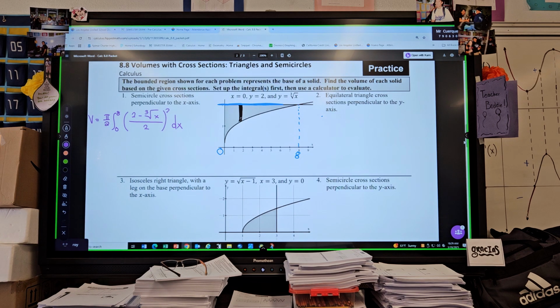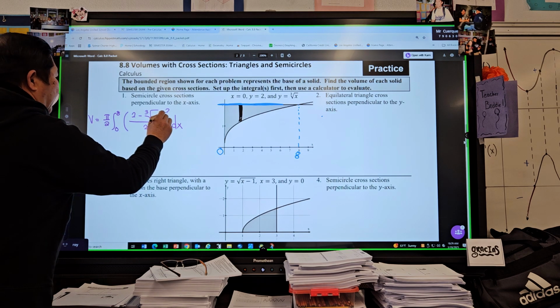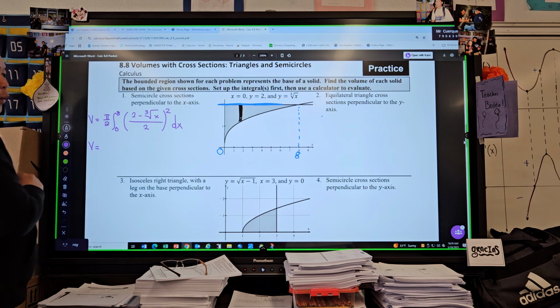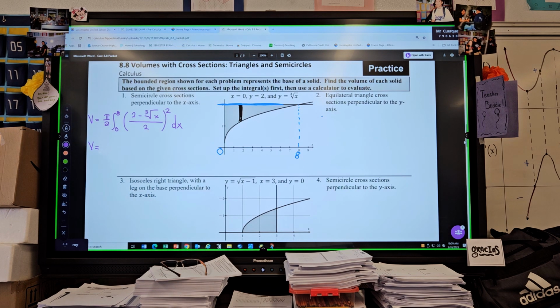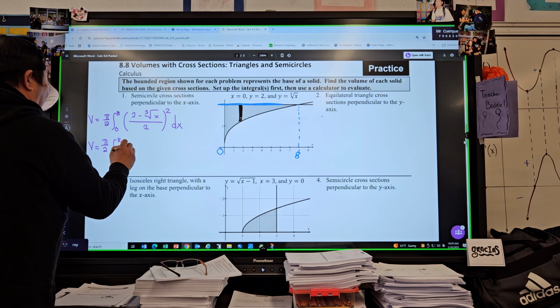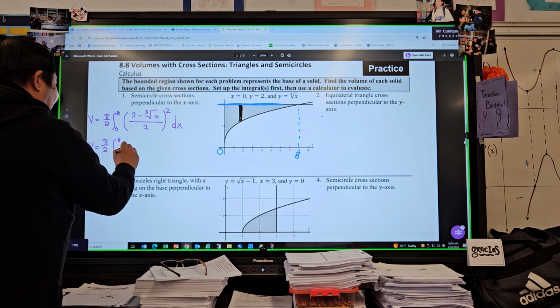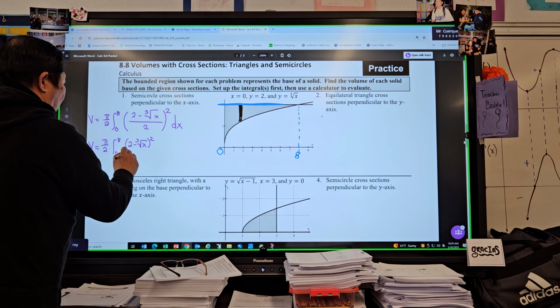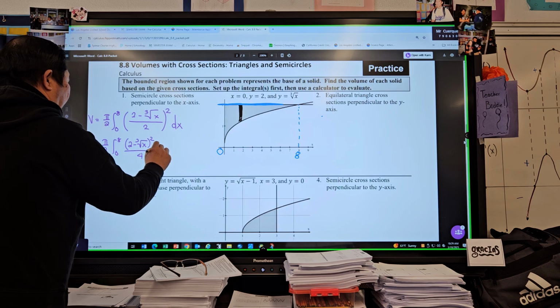So what is the square of 2? 4. So we have pi over 2, the integral from 0 to 8, of 2 minus the cube root of x, squared, over 4 dx.